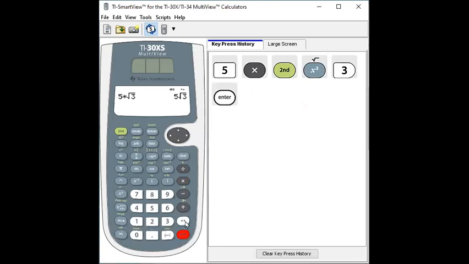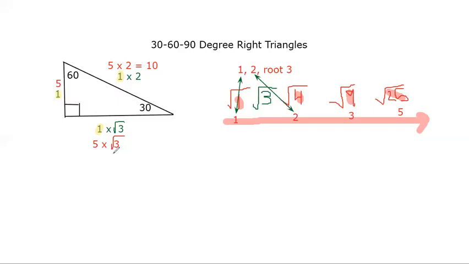That is simplest form, and if you need to estimate it as a decimal on your assessment, click your switcheroozy button, and it was 8.66. Final answer, 5 root 3, and if you need to estimate it, 8.66. So this is written in simplest form, not 5 times root 3, but 5 root 3. It is approximately 8.66.